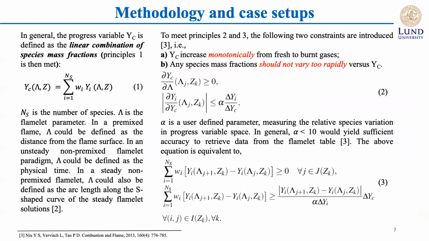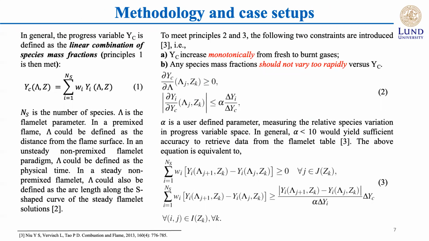In this section, we will show a novel method which can generate a suitable progress variable definition. The progress variable is in general defined as a linear combination of species mass fractions. So its transport equation is similar to species mass fraction transport.